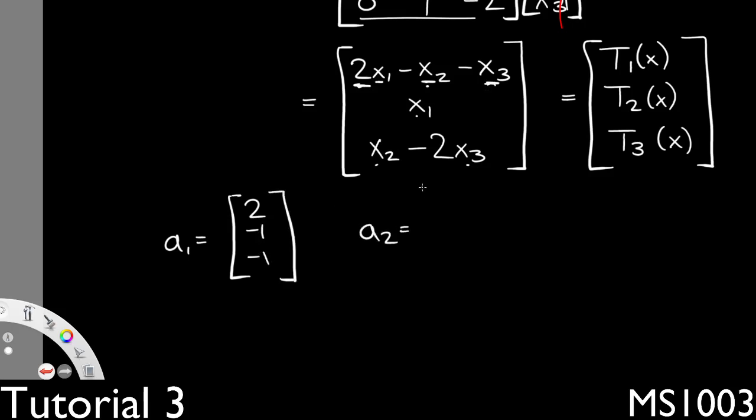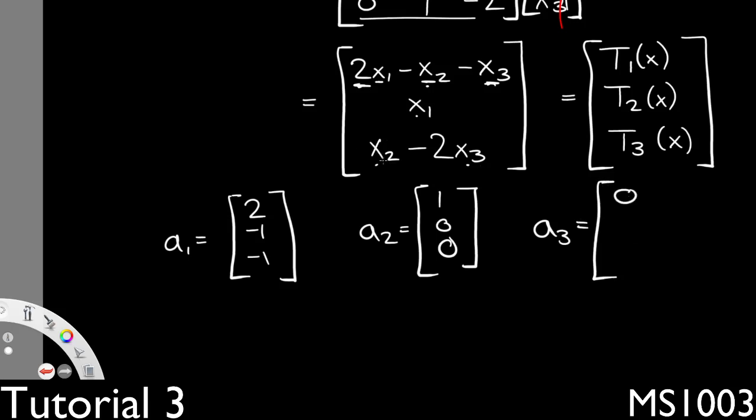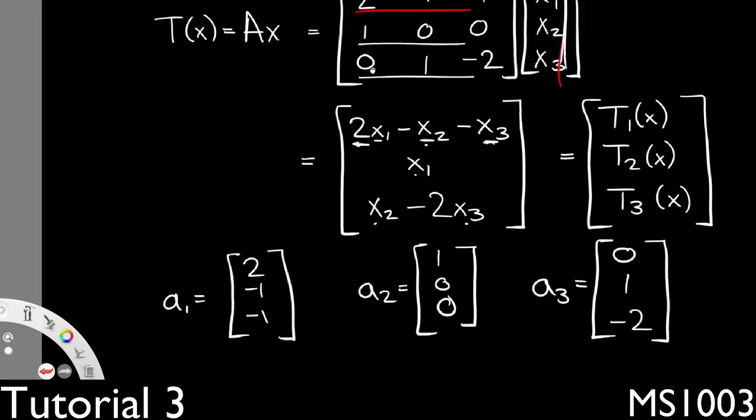For a2, reading off the coefficients, I have 1 multiplied by x1 and 0 everywhere else. And for a3, I'm going to have 0 for the x1 position, 1 for the x2 position, and -2 for the x3 position. So these are a1, a2, and a3.